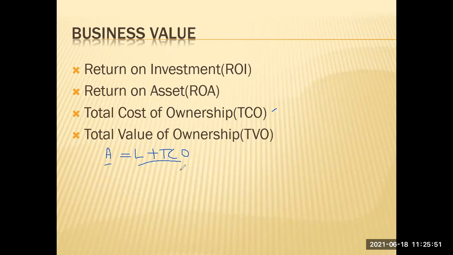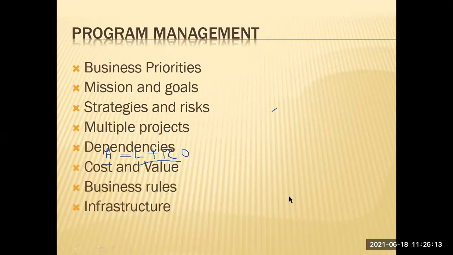So this is the meaning of total value of ownership. You can also include, if the company has any market share put up in the stock markets, any shares, even that could be calculated for total value of ownership. Let's move to the next point. Let me just clear the annotations here.